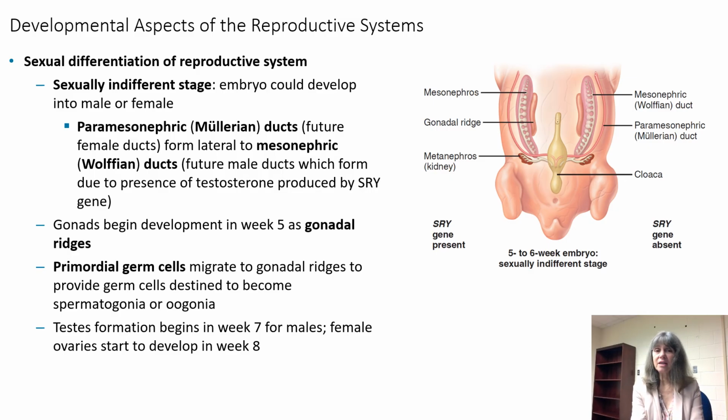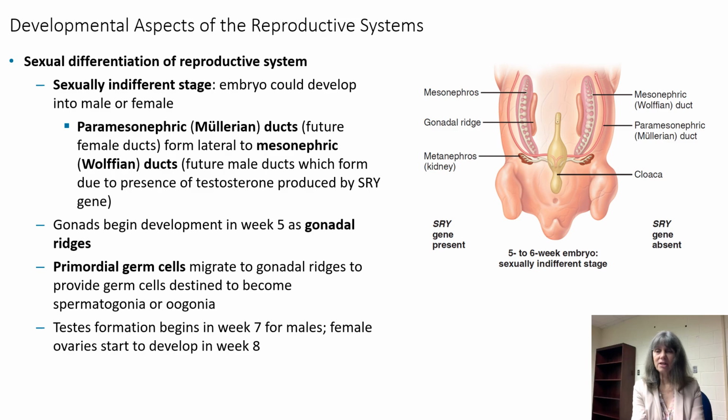Now, the Mullerian ducts are future female ducts. The Wolffian ducts are future male ducts. And the future male ducts form due to the presence of testosterone produced by the SRY gene.